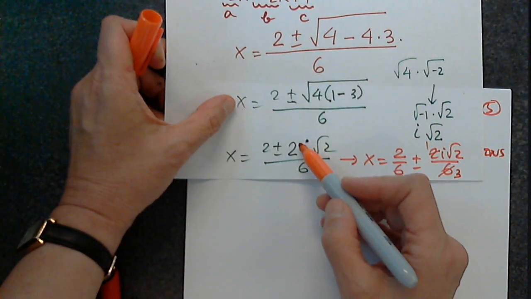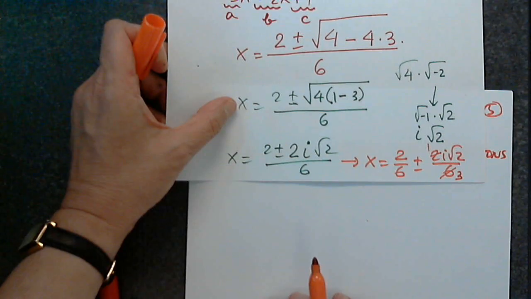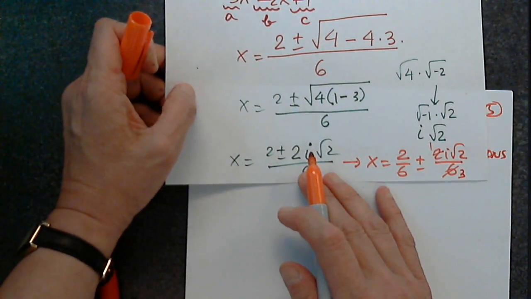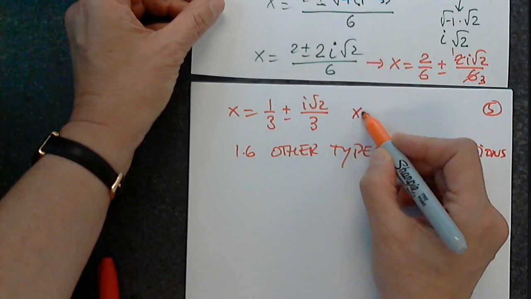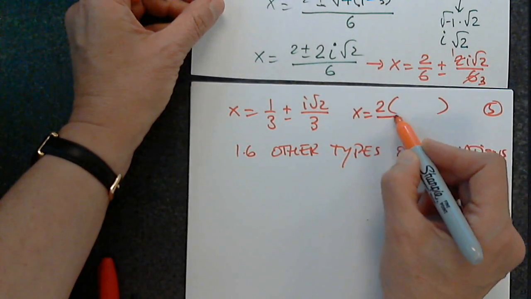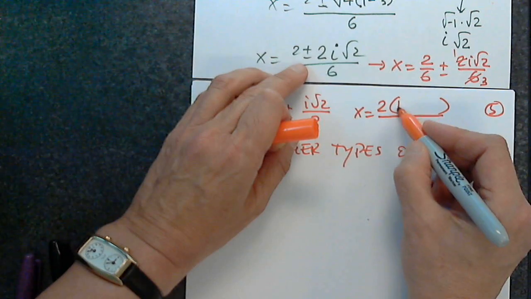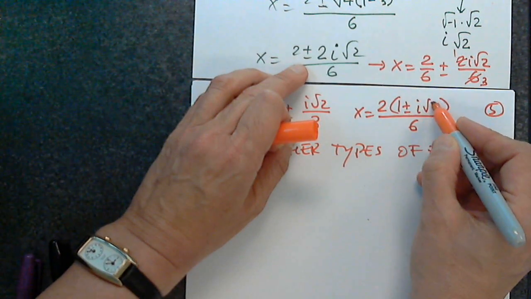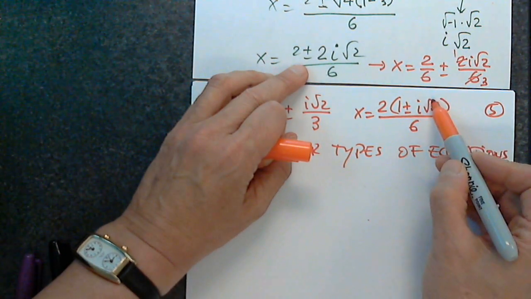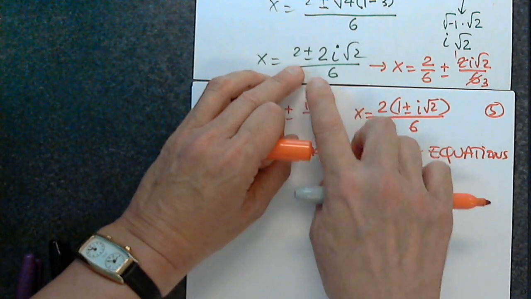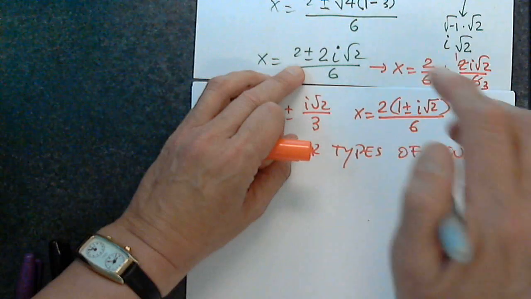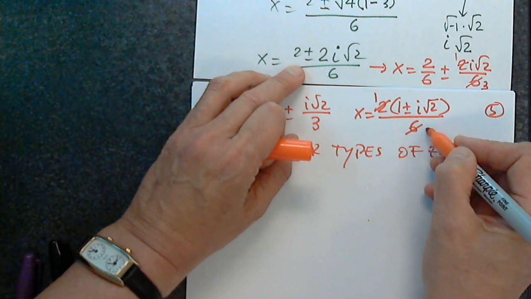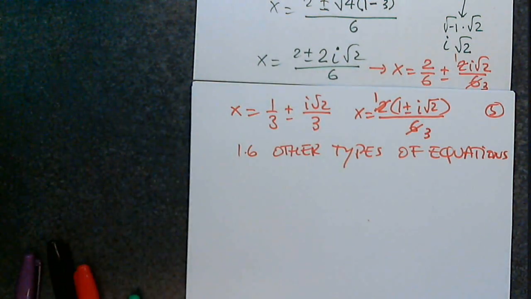I just don't want my students to do this. That would be terrible. So the other option would be, let me write it here. You can factor out the 2. So x equals 2 in parentheses, 1 plus or minus i the square root of 2. 2 times 1 is 2. 2 times i the square root of 2 is 2i the square root of 2. And now we are allowed to simplify, which will give us the same answer.